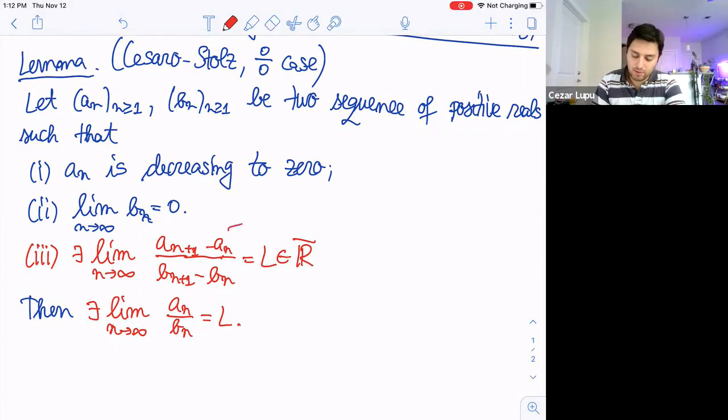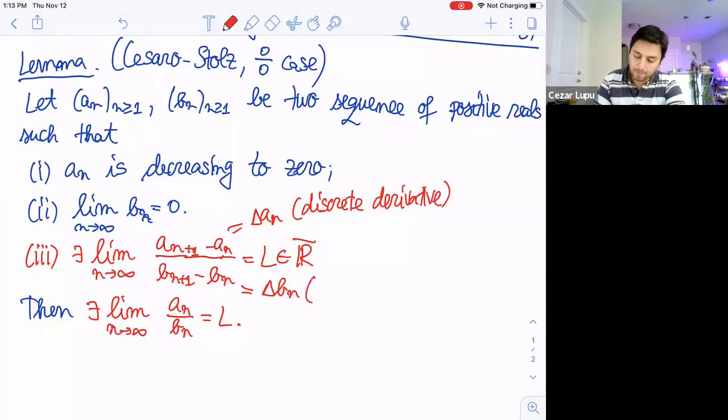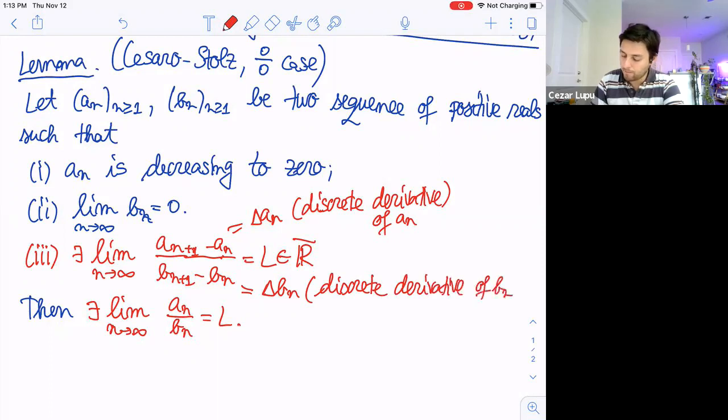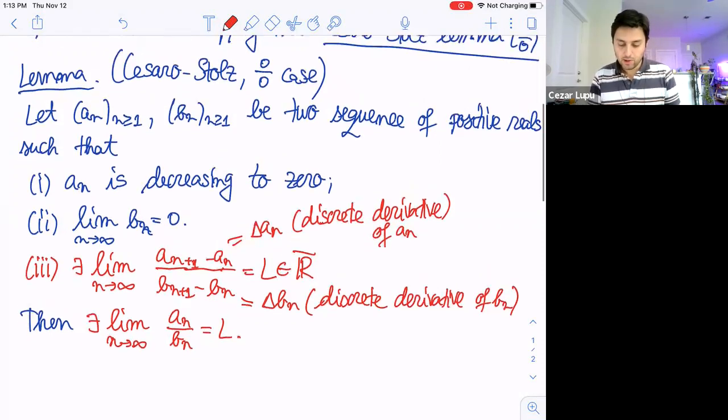This is the discrete derivative, delta a_n. It's just like L'Hopital's rule that you learn in Calc 1. And the same goes for delta b_n, the discrete derivative of b_n. So it's the same thing. Okay, that's great. So let's use this lemma.